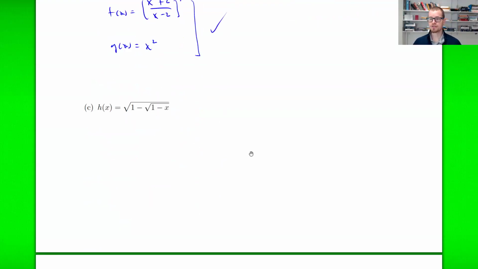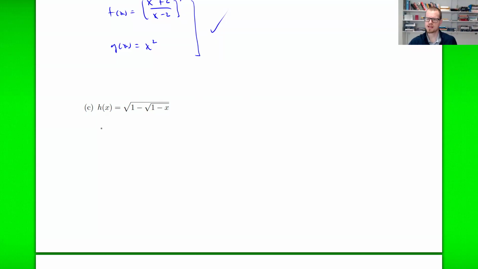All right, now things look a little bit weird. What's going on? I have the square root of 1 minus the square root of 1 minus x. That's so weird. Well, the thing that I see repeatedly here is the square root of 1 minus something, and that something is the square root of 1 minus something.